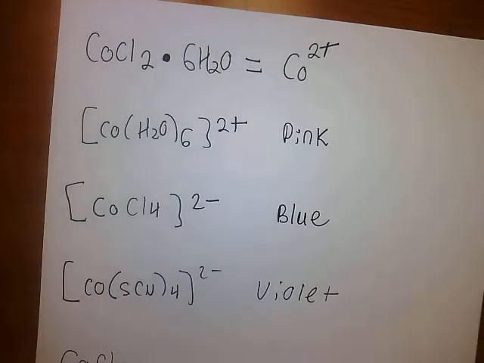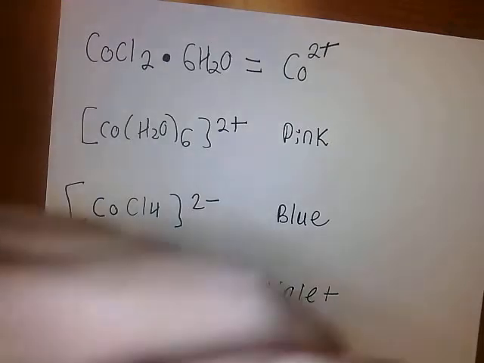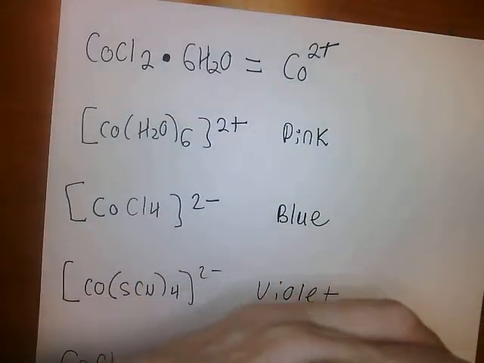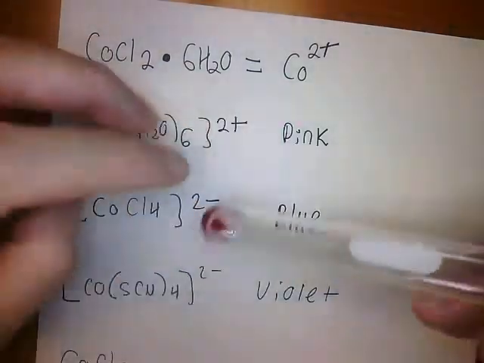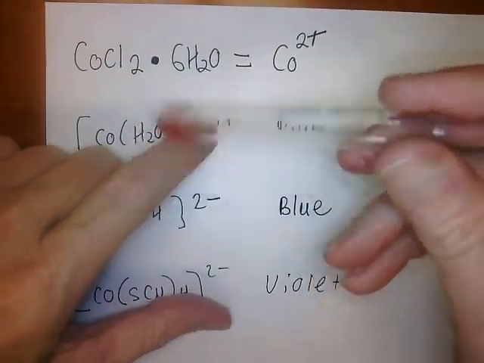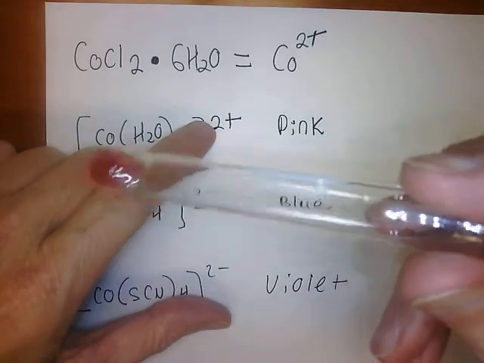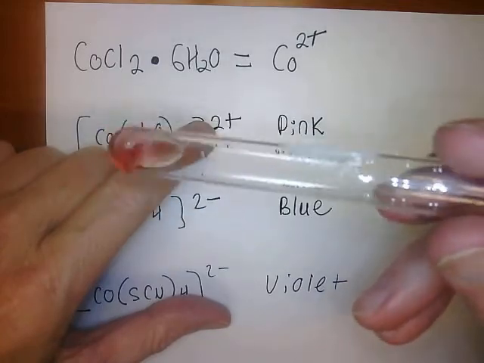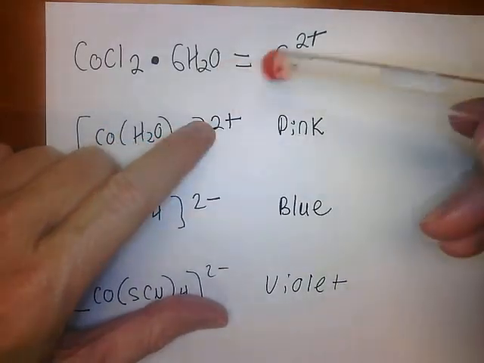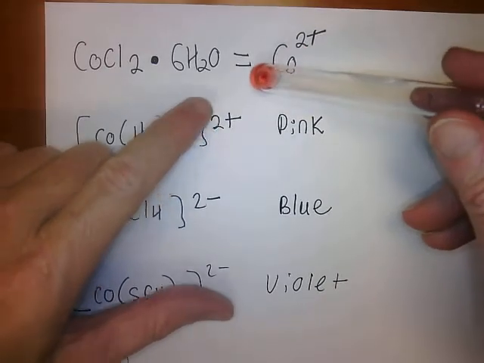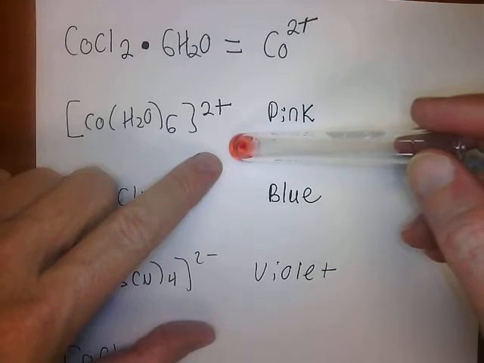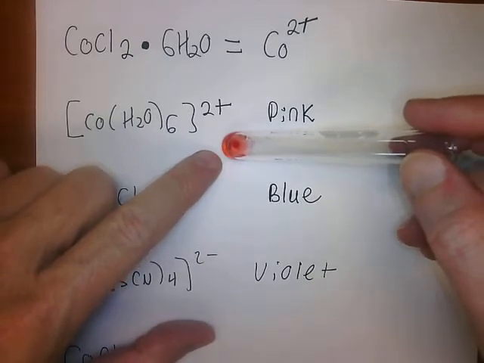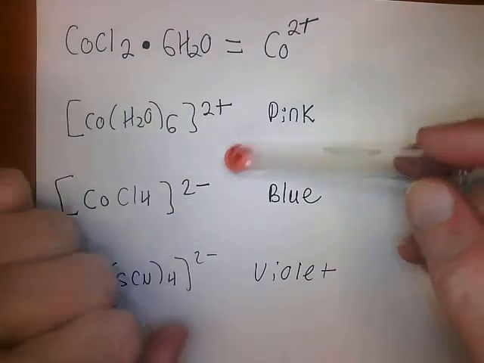Alright, so same as before. First thing we're going to do is dissolve it up in water. And what are we producing? We're producing a pink colored solution that's not that different than the color of the solid. It's just a little bit lighter in color.